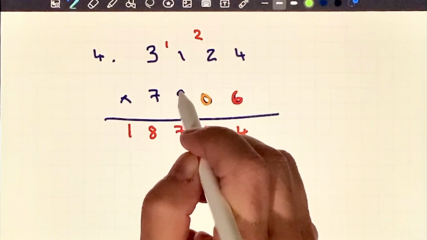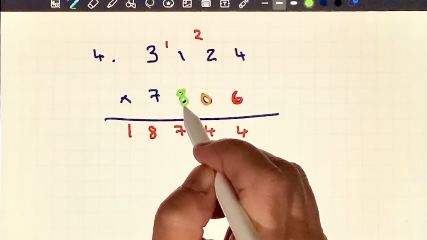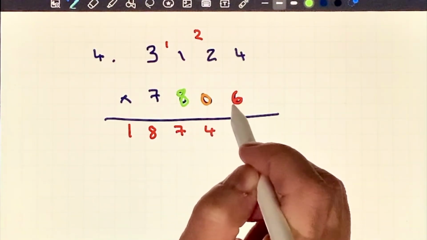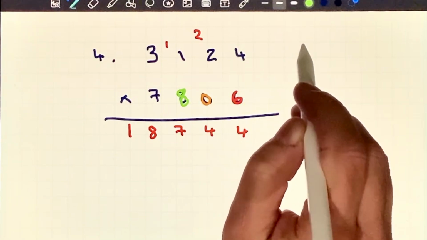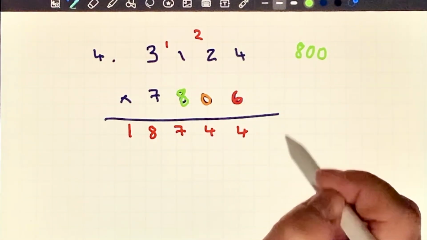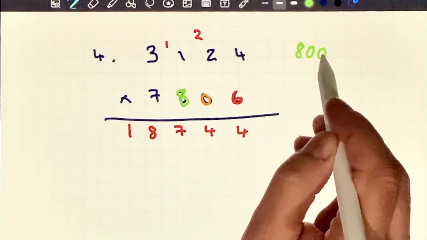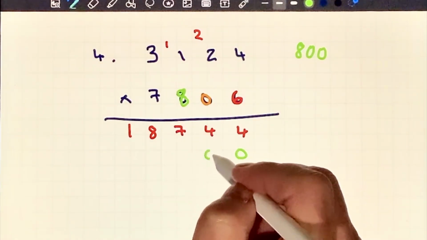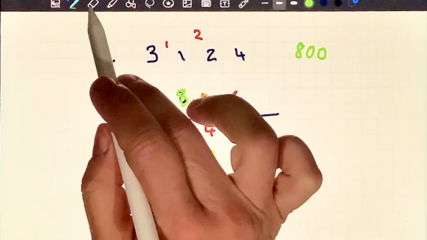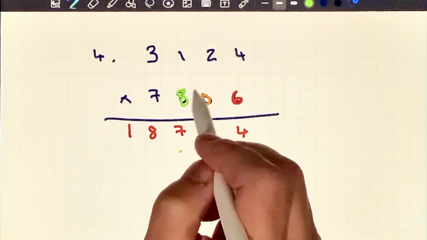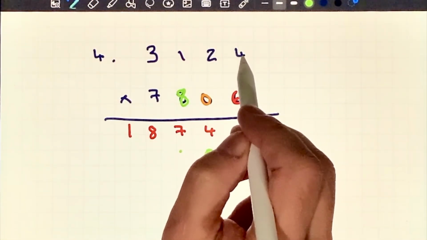So I'm going to move on to my third digit, which is the 8, and the 8 is in the hundreds column, which means that it's really representing 800. So I need to add 2 zeros as placeholders to account for that. So 8 times 4 is 32.